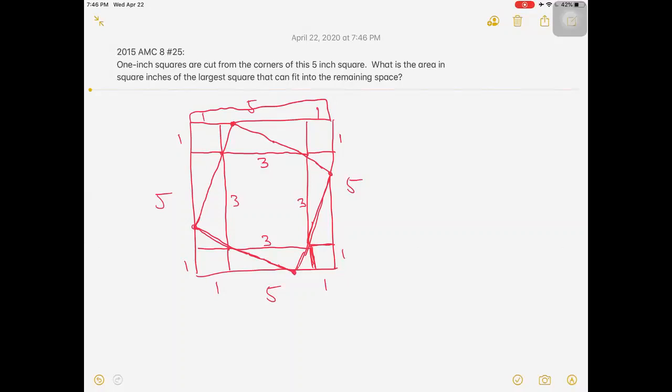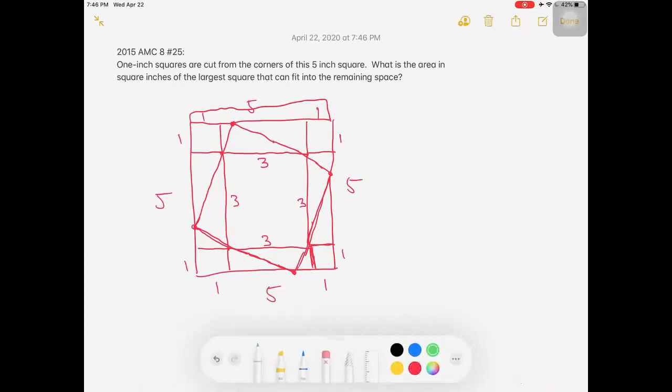So what we can do now is find the area of one of these green triangles, multiply it by 4, and then add in the 3 by 3 square in the middle. So first, let's find the area of one of these green triangles.